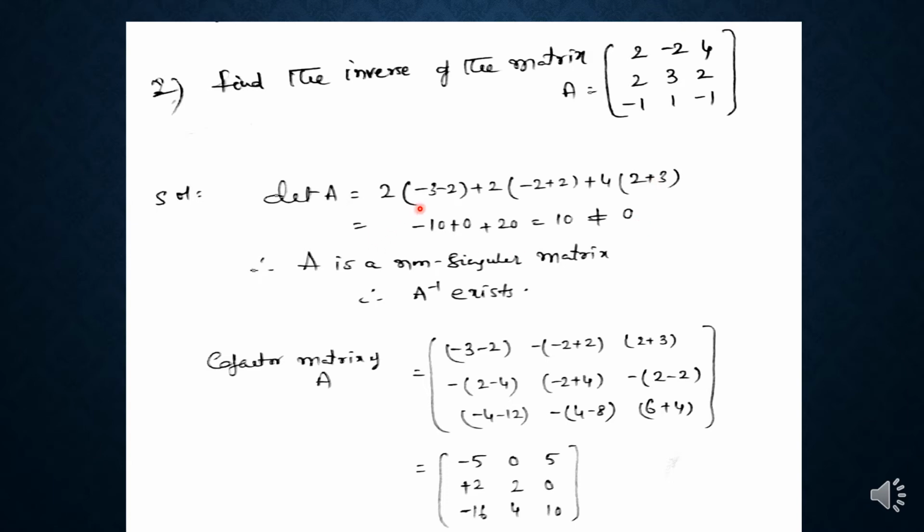So that is minus 5 into 2, minus 10, plus 0 plus 20. That is minus 10 plus 0 plus 20 is equal to 10, which is not equal to 0. So here det A is equal to 10. Therefore A is a non-singular matrix. Therefore A inverse exists.